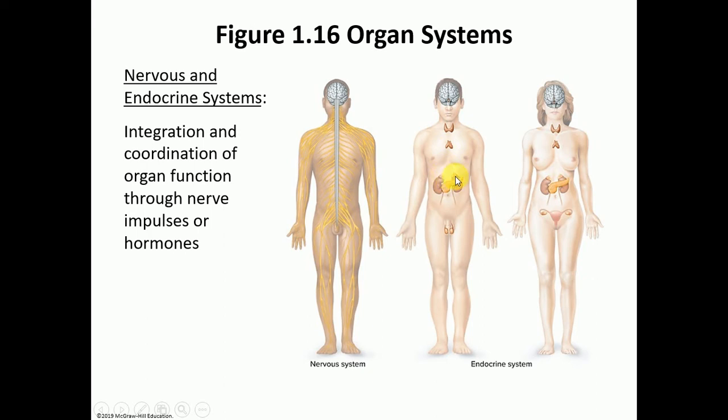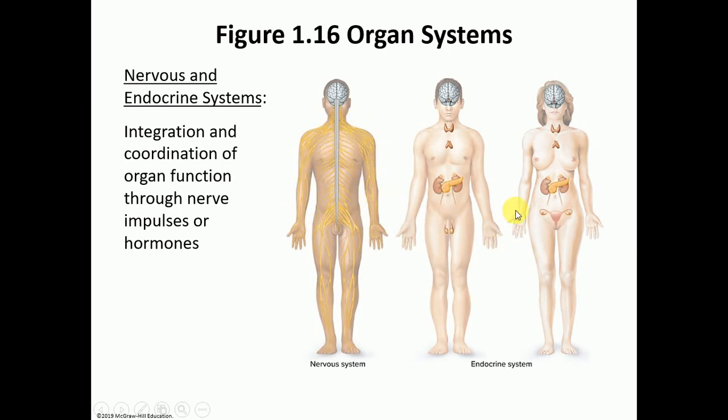We also have endocrine glands in the brain, and then the gonads, so the testes or the ovaries, depending on gender. And in both of these different systems, they are responsible for integration and coordination of different functions. They send out signals. These signals could be in the form of electricity in the case of the nervous system, or the signals could be hormones in the case of the endocrine system.